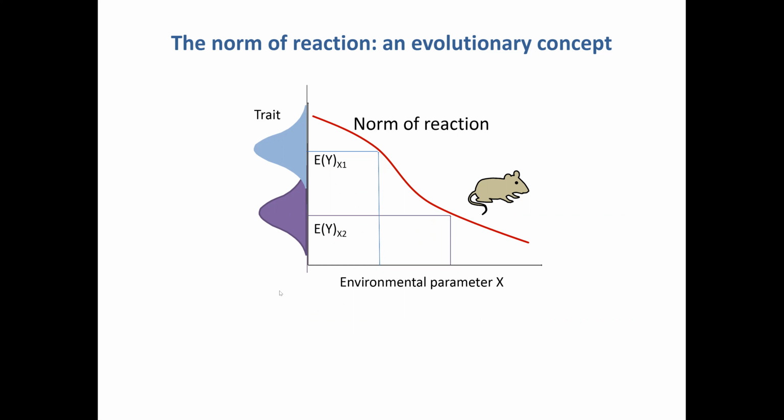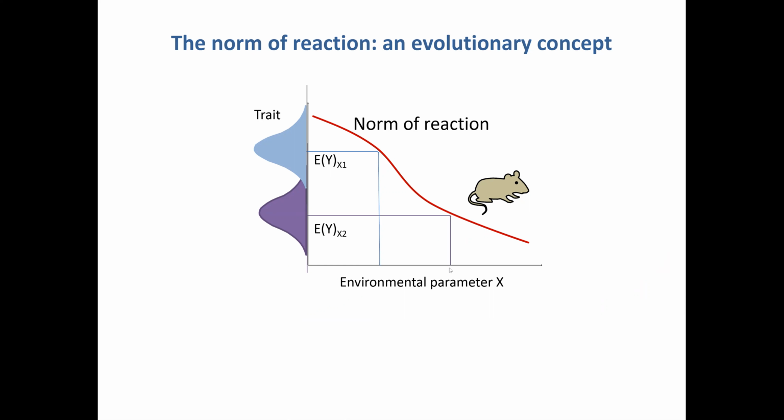The norm of reaction basically says that if you have an environmental parameter, it can influence the phenotype of your animal. That means depending on which environment the animal is growing up in, it will in the end show a more or less different phenotype.